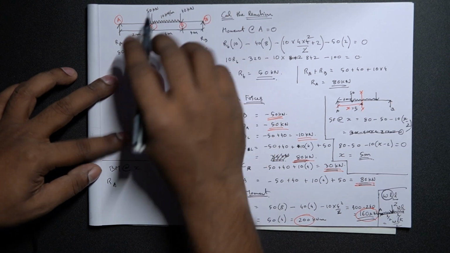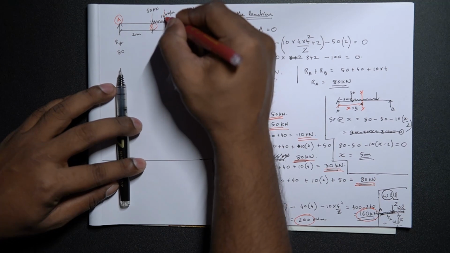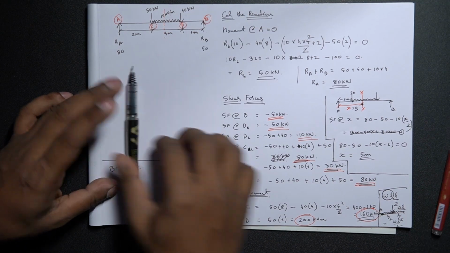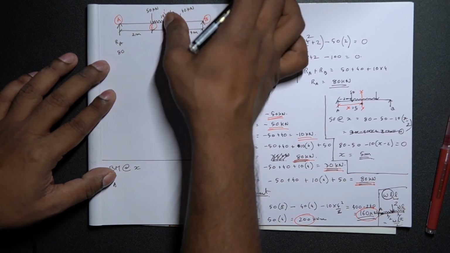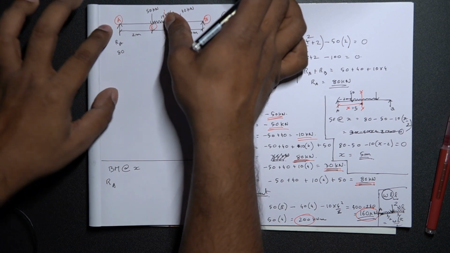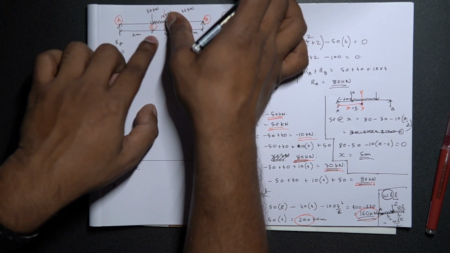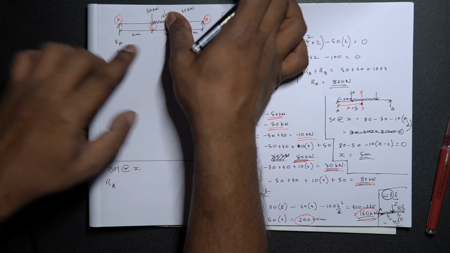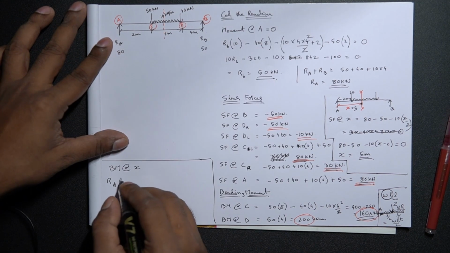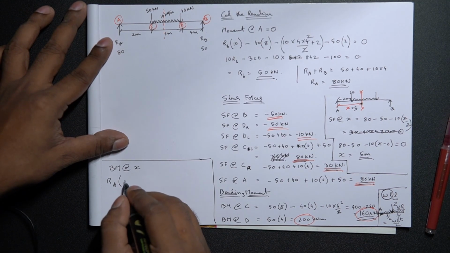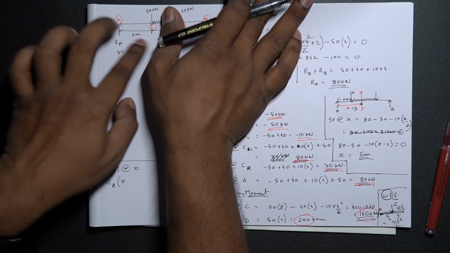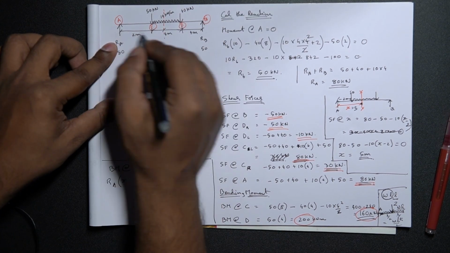Let's draw the same diagram over here. This is the distance x, the bending moment here. RA times the lever arm, so RA into x, the distance which we have considered till this point is x.